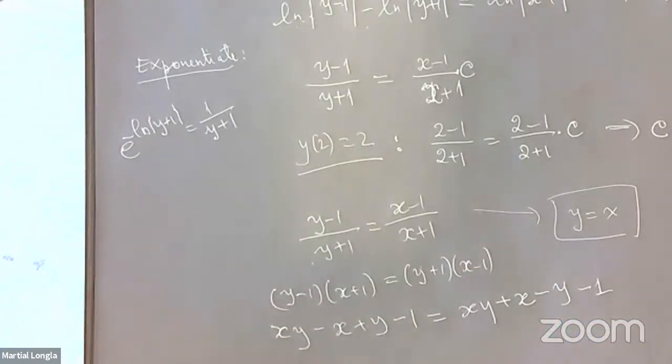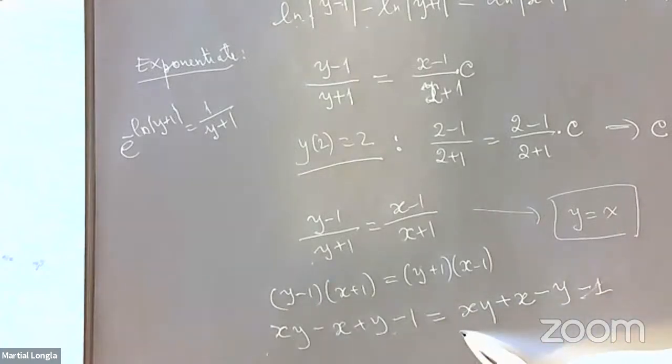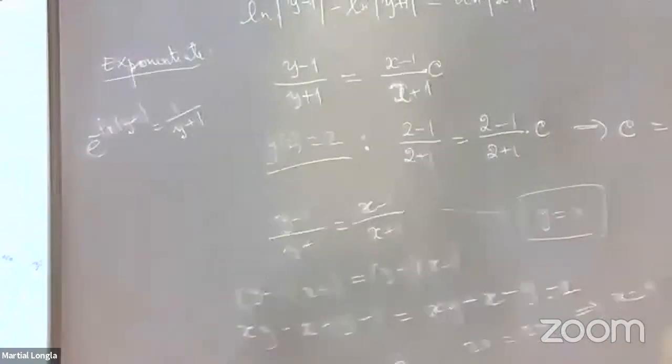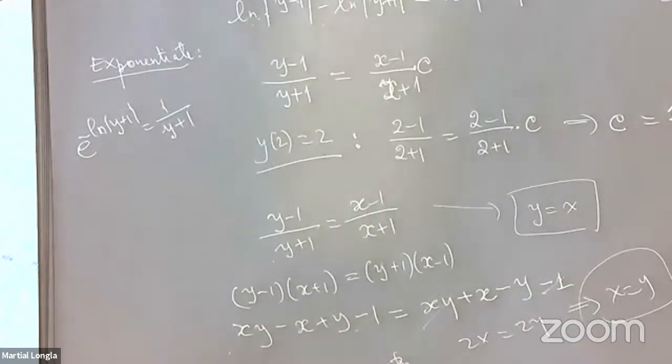So this is what you get when you cross multiply. Minus 1 cancels, xy cancels. You get 2x equals 2y, so x equals y. So I guess that's right. So the only solution of that problem is the equation y equals x, a straight line.